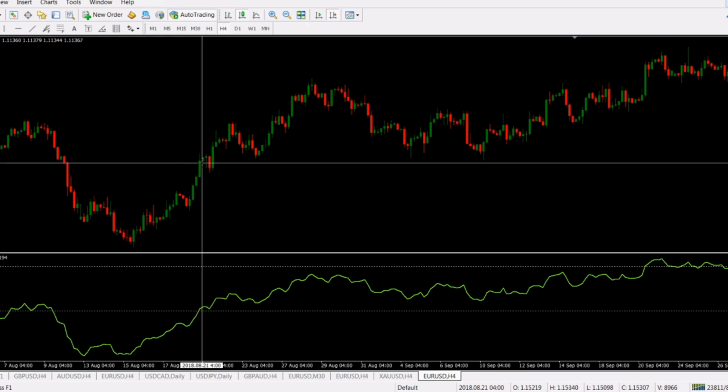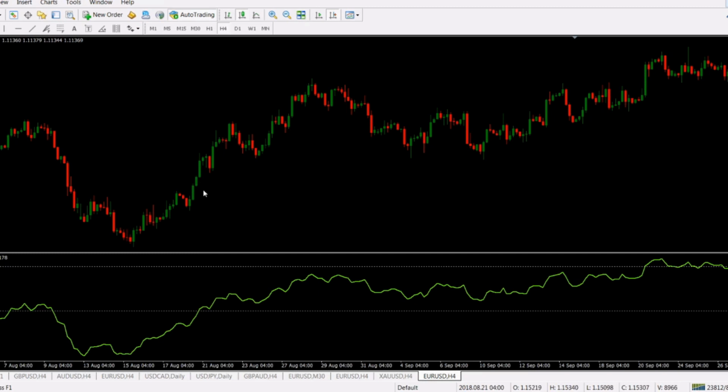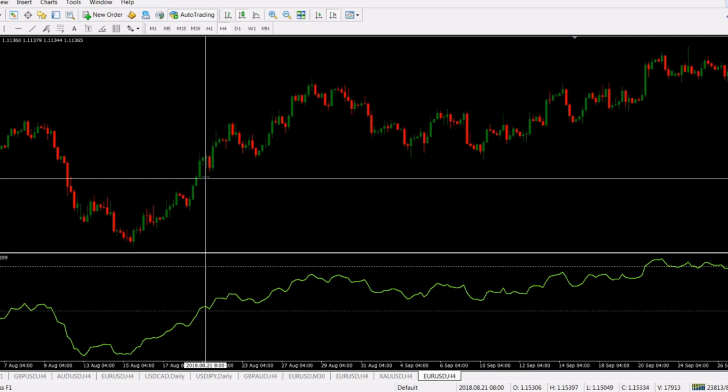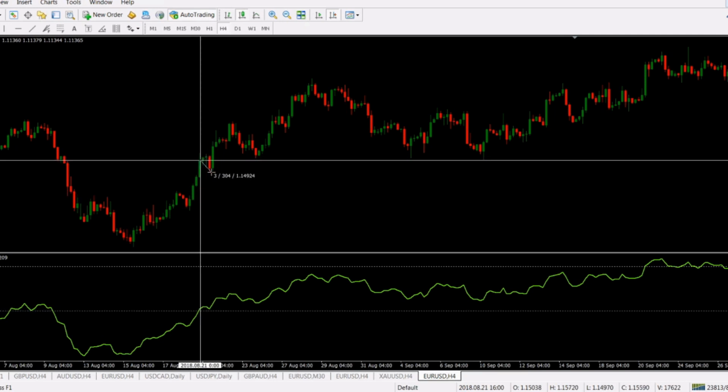Put some stop loss. This is for our chart, so stop loss should be 50-70 pips. So we got 63 pips, let's say. That's the stop loss. So you got the signal over here and all the way up. As you see, the market went down 30-40 pips and then made nearly 190 pips.